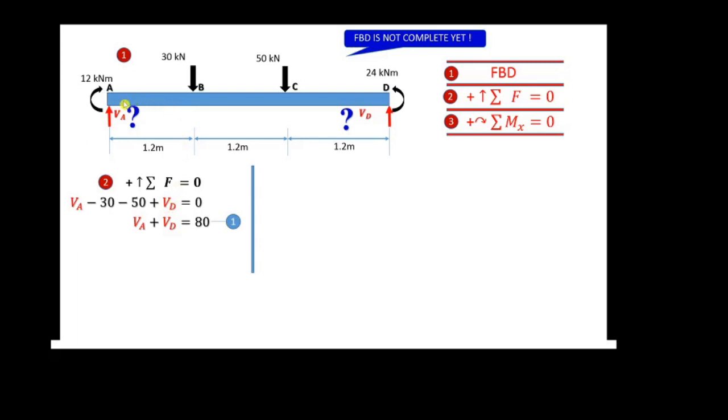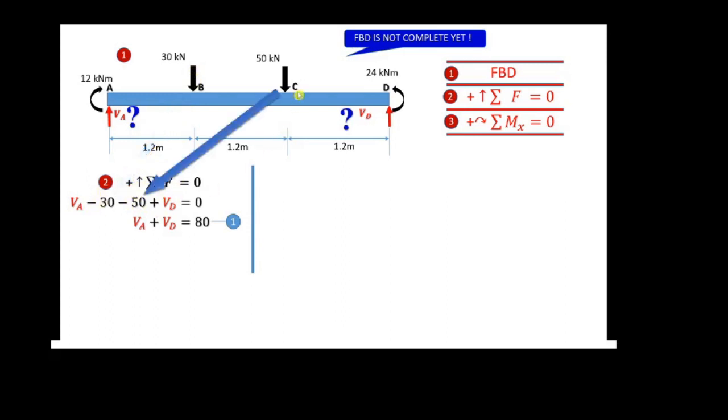So now we have four forces. 1, 2, 3, 4. So that means we have four values to sum up. The VA is positive, that is an upward direction. So that means it follows what we have declared as positive. So here 30 is a downward direction. That means it's against what we have declared, so it becomes negative.